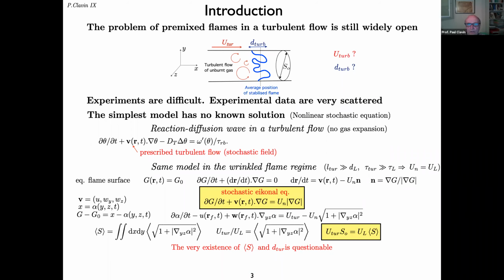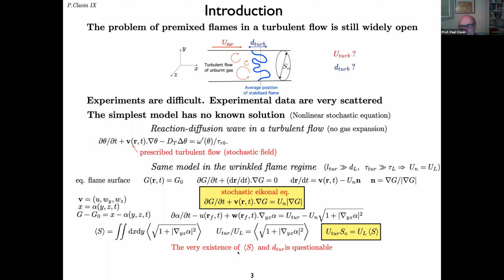Does there exist a steady average surface of the flame, and also does there exist a finite, well-defined and constant average thickness of the flame brush? Even the very existence of this quantity is quite questionable. There is no answer for that.